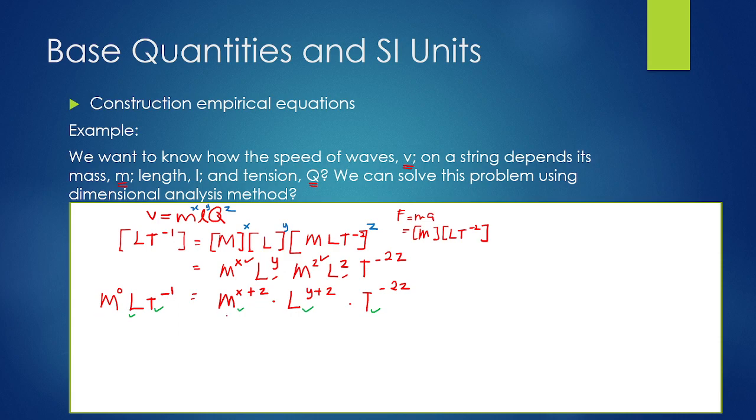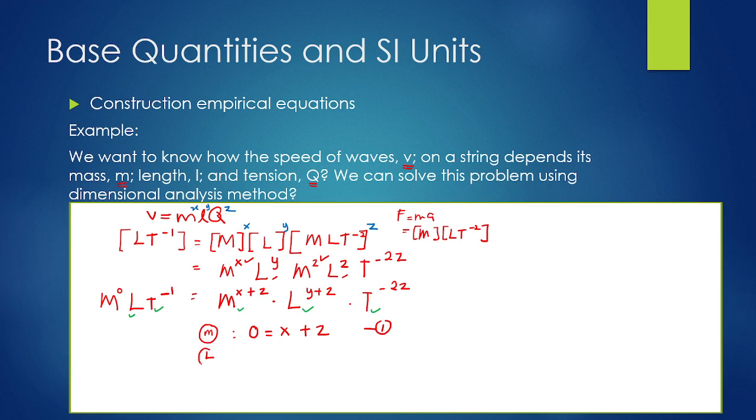Okay, now we're going to do operation on the indices. So for M, it is 0 equals x plus z. Okay, so this is number 1.